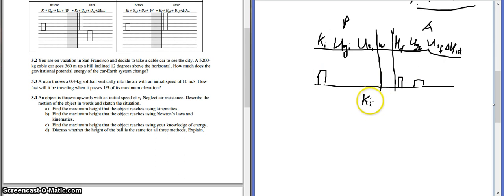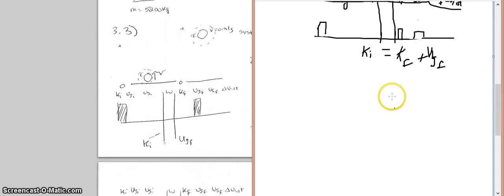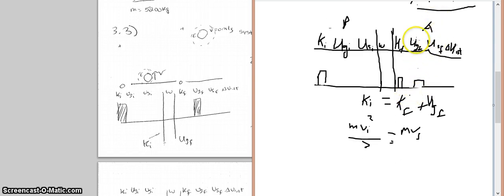So Ki is equal to Kf plus Egf. Okay, sorry. So, yes, we know that kinetic energy is just 1/2 mass times velocity squared, but the left side is only pertaining to the initial velocity. So, initial velocity squared over 2 is equal to final velocity squared over 2 plus mgh, because this is after in this case.